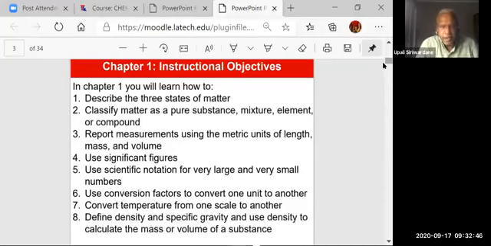3 states of matter, classification of substances.